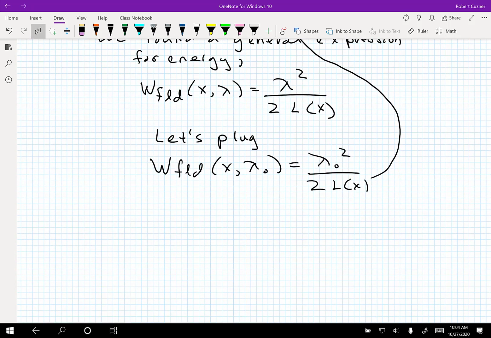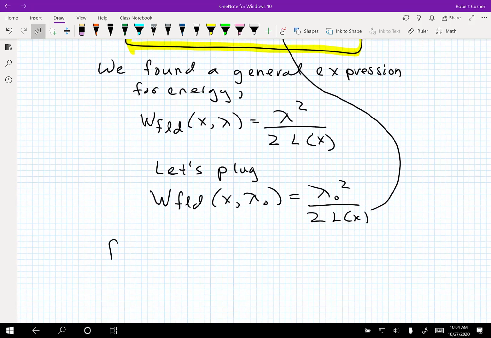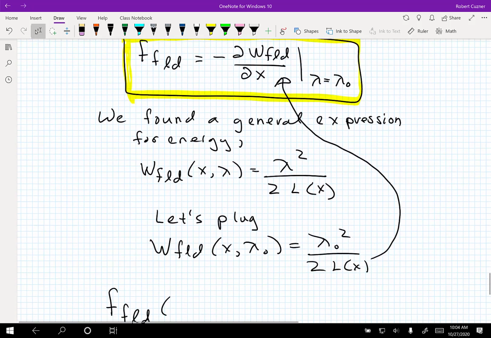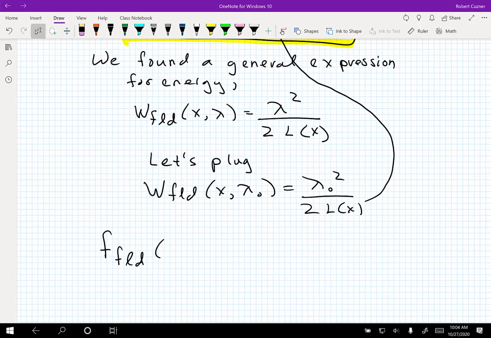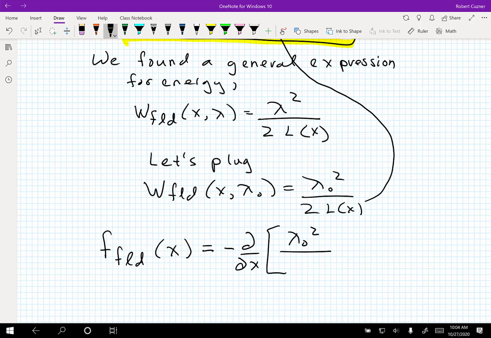And so the force as a function of x ends up being equal to this, the negative of the partial derivative with respect to x of lambda naught squared over 2 times Lx.